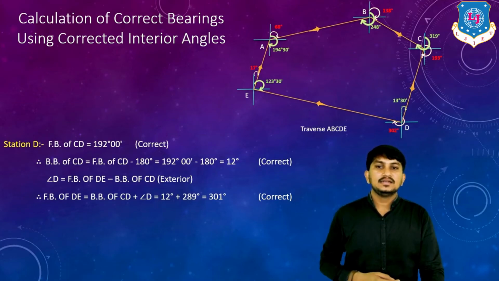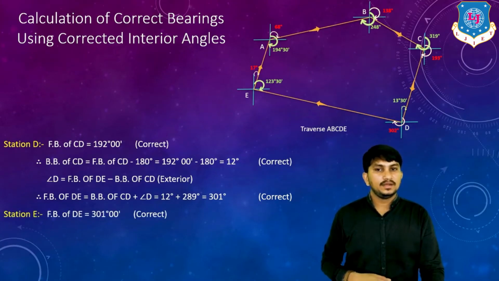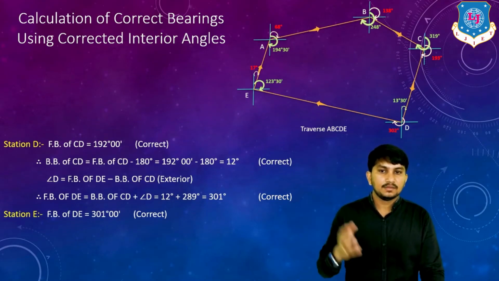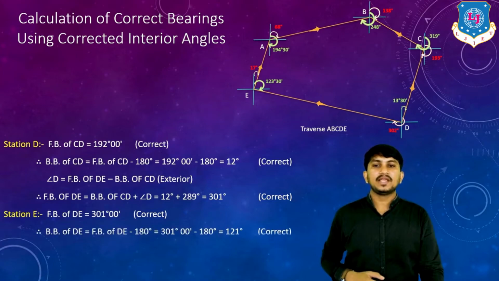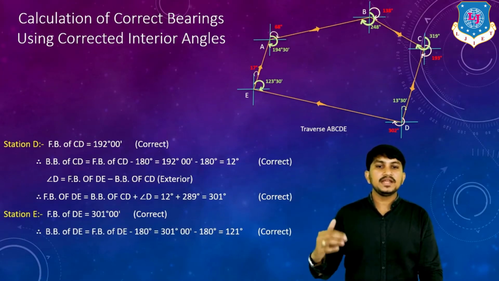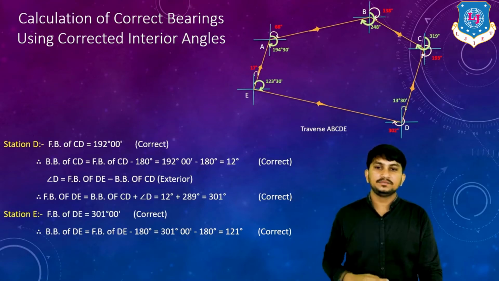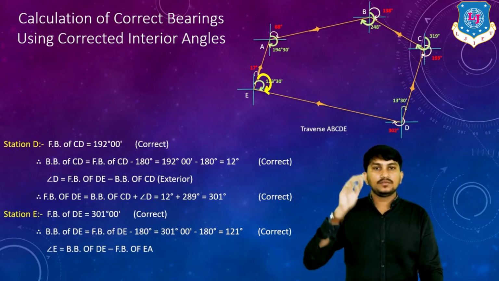Okay, next, station E. Here above, FB of DE is given as 301 degree, which is corrected. Using this FB of DE, we can find out BB of DE by deducting 180 degree. So BB of DE is equal to 121 degree, which is corrected. Now using the angle E, we can find out FB of EA.